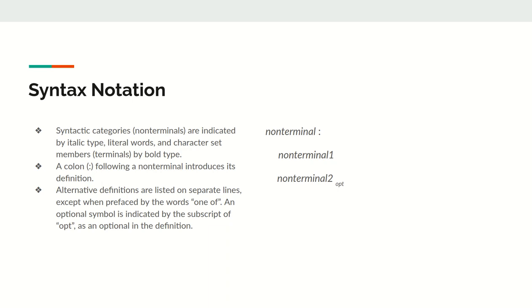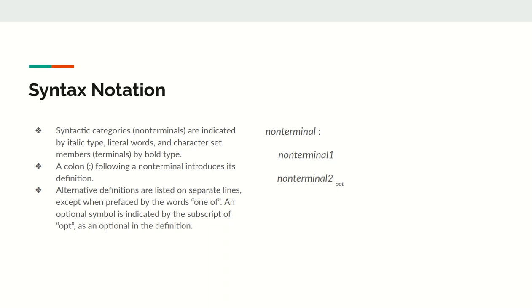And the next one: alternative definitions are listed on separate lines, except when prefaced by the words one of. An optional symbol is indicated by the subscript opt in the definition. So for one non-terminal, there can be multiple definitions.